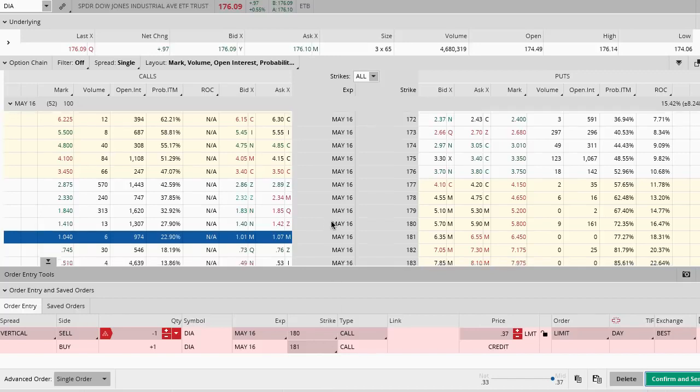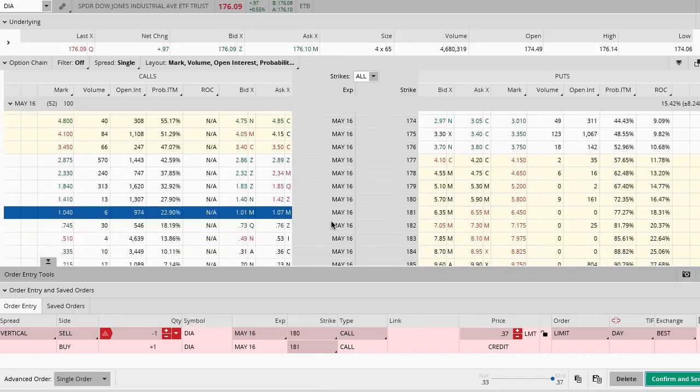If we wanted to, let's say, have a bigger credit, so we wanted to increase our credit in this trade above the $37 without increasing the number of contracts that we're doing, then we could widen the spread out, and instead of buying the 181 calls, we could buy the 182 or the 183 calls.